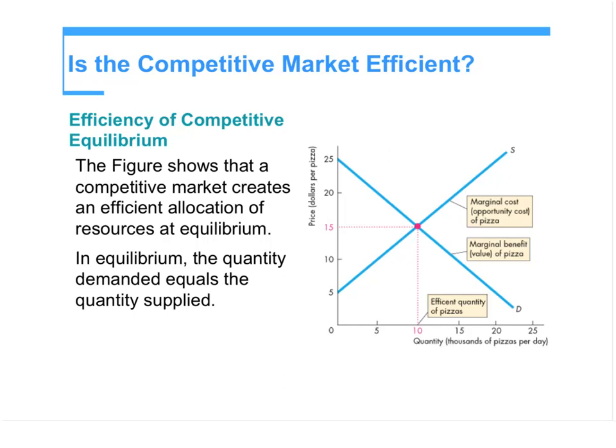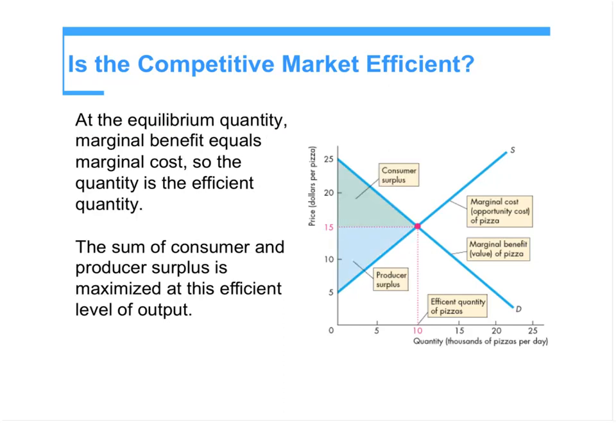The quantity demanded equals the quantity supplied. At the equilibrium quantity, marginal benefit equals marginal cost. So the quantity is the efficient quantity, and the sum of consumer and producer surplus is maximized at the efficient level of output.